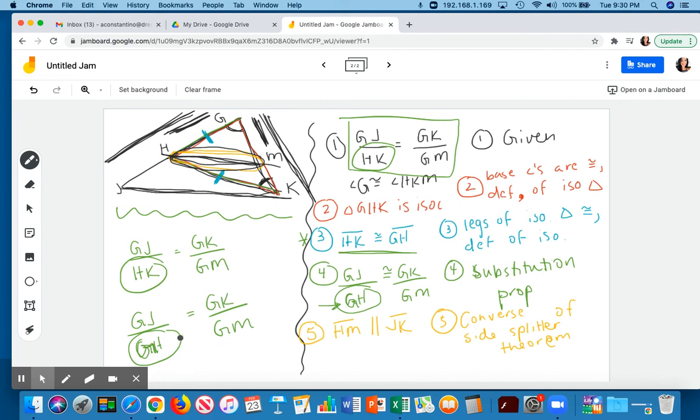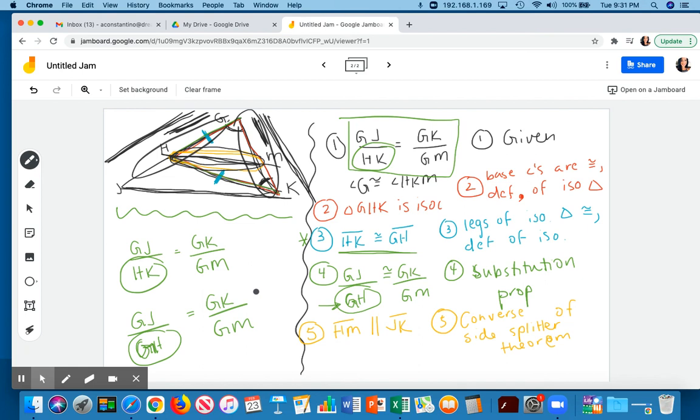Basically, that proves that those two lines are parallel, because it splits the proportion on both sides of the triangle. On this side and on this side, HM splits where the small part ends, and then JK splits where the long side ends.